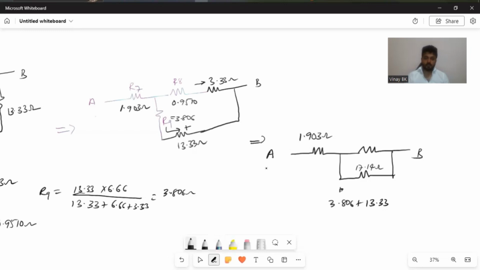Similarly, in the upper end, 0.9510 plus 3.33, we can get 4.284.